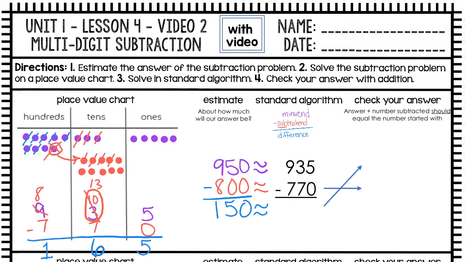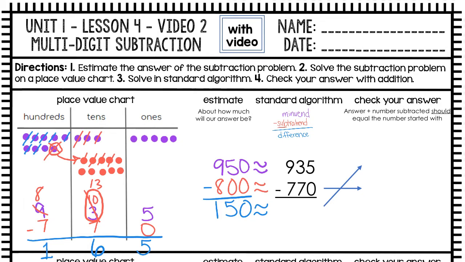So it appears that 935 minus 770 is 165. Let's do it in standard algorithm now. Solve in standard algorithm and see if we come up with the same answer. 165 is close to 150, so it is probably correct.